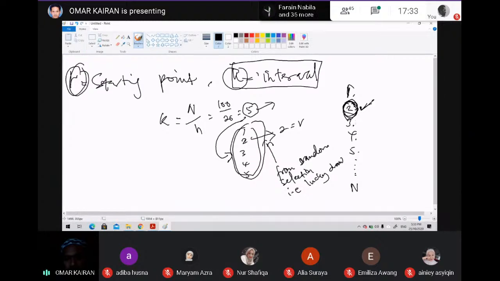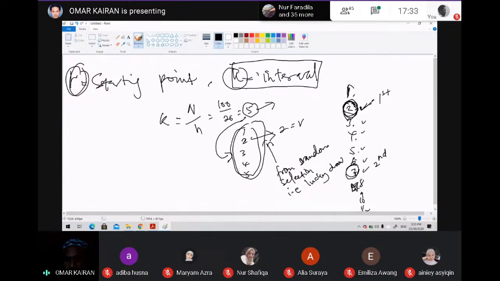And then the distance: the next sample is 1, 2, 3, 4, 5, so 6, 7. The next sample is 7. This is the first sample, and this is the second sample. And then 8, 9, 10, 11, 12.